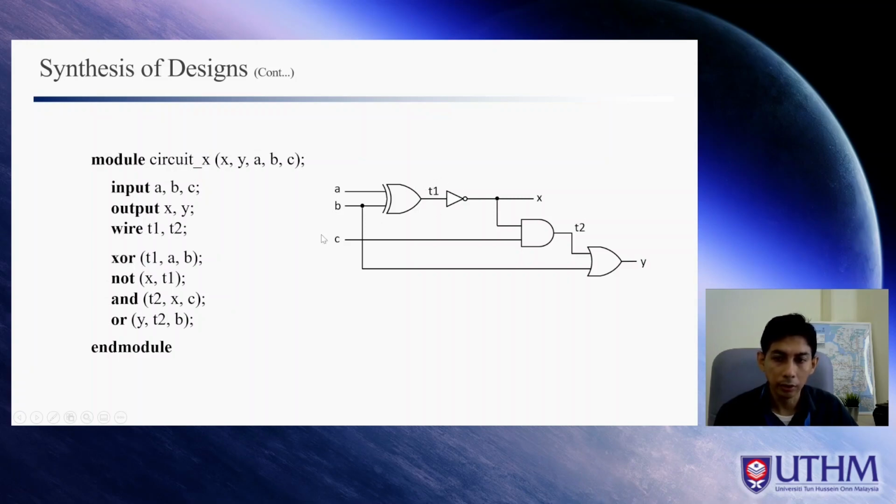So you have XOR, then this is T1, with inputs A and B. And you have a NOT gate, and the output is X, input T1. And you have this AND gate, and the output is T2, and the input is X and C. And the last one is the OR gate. So you have Y, T2, and B. As simple as that.